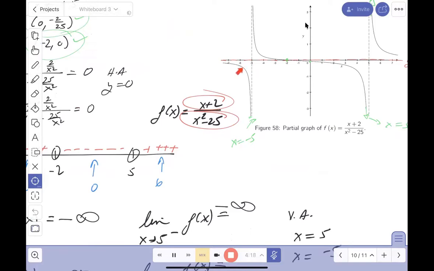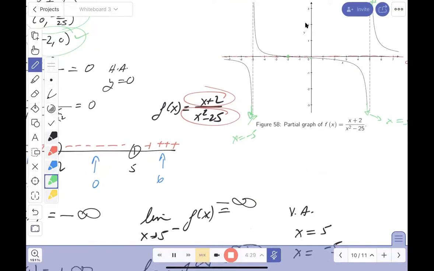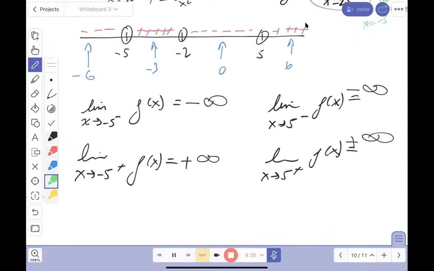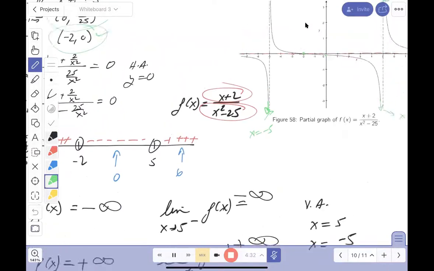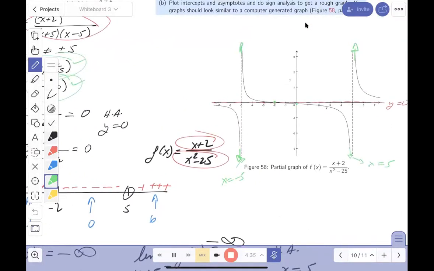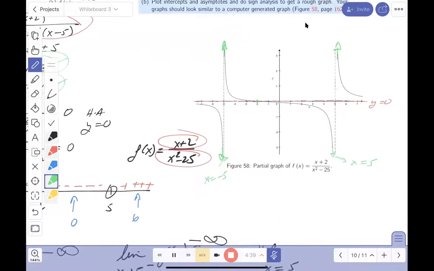Minus 5 from the left, it goes to minus infinity. Let me write that down for you. Minus 5 from the right, plus infinity. All right, let me blow this guy up.